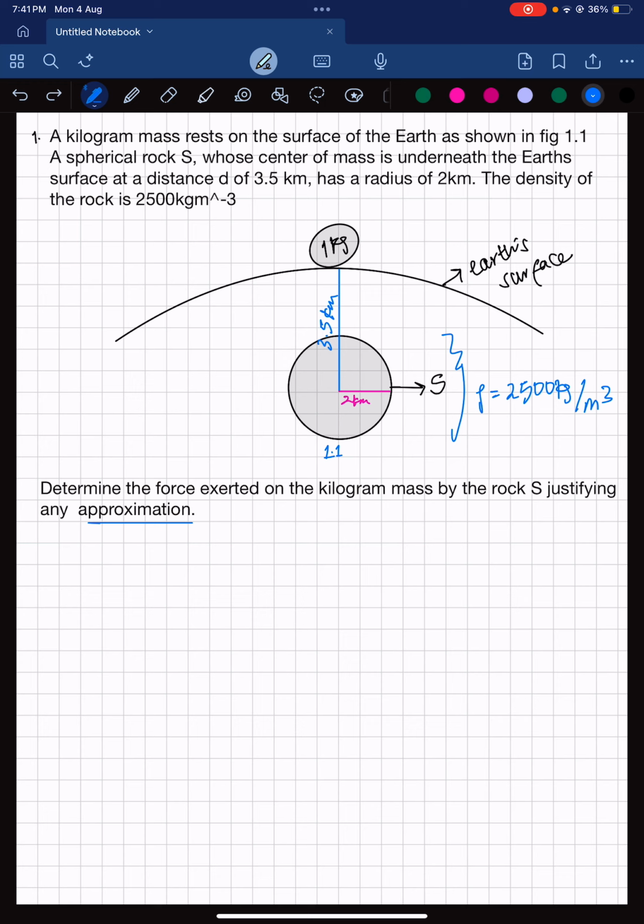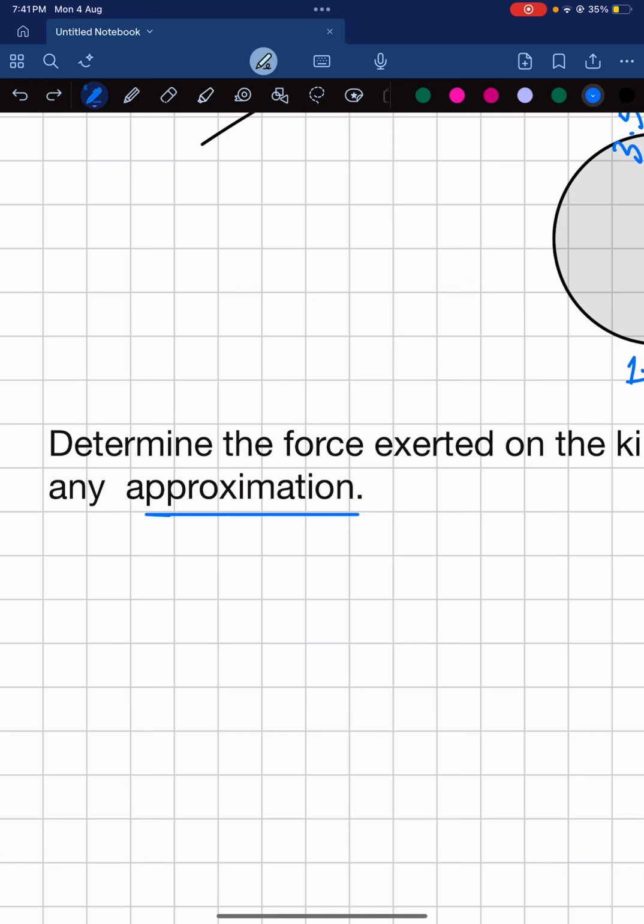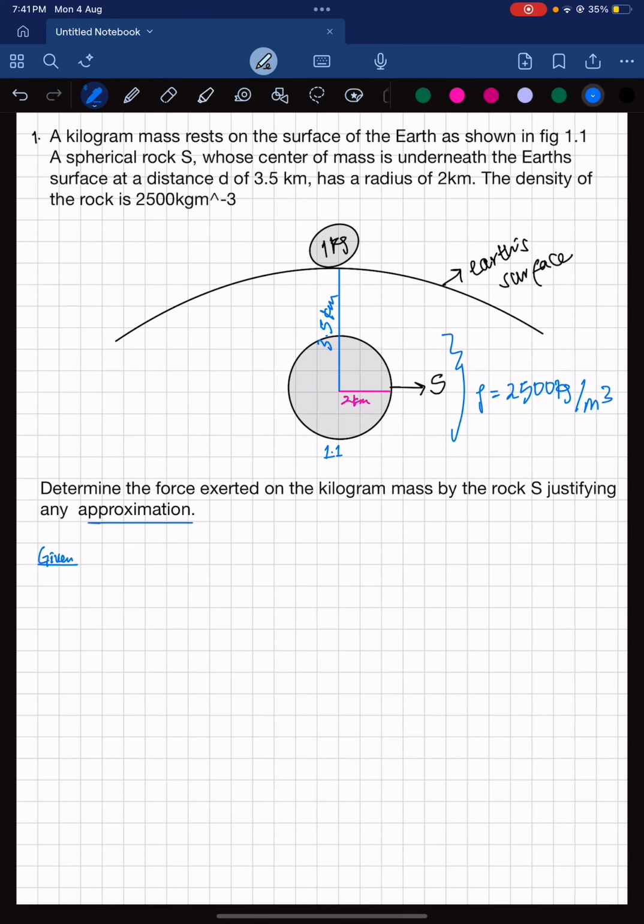So first of all, let's write the given. We have the radius, of course, for the rock S. The radius R is 2 kilometer. We have to change it to meter, and that's going to be 2 times 10 cube meter.